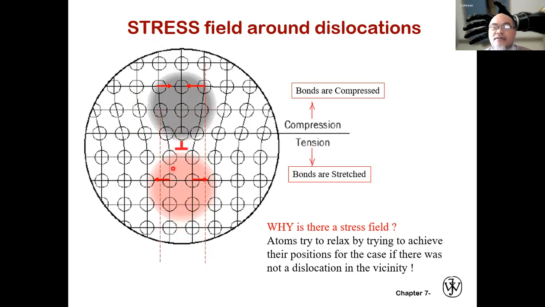So since this atom plane is missing, the other two planes in its vicinity try to make balance. Yeah, because if it is still empty, then the energy is not stable. If the energy is not stable, they are completely in stretch, while the upper part is in compression. To minimize the energy, the lower part is trying to close this gap. Yeah.